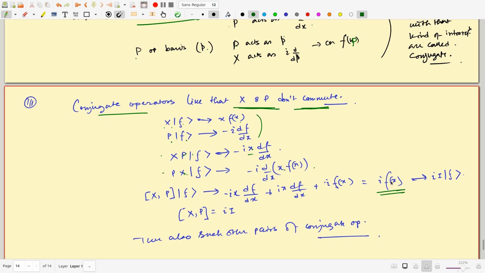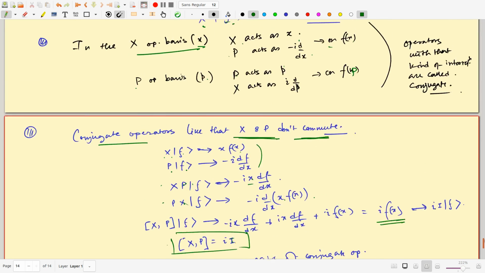That is equivalent to writing, when I take off the x bra from both sides, i times the identity acting on the f ket. So the commutator of x and p is nothing but the identity operator times i. That's the commutator we got.